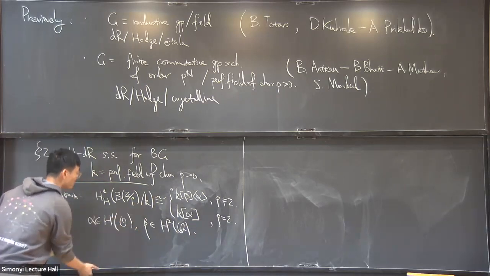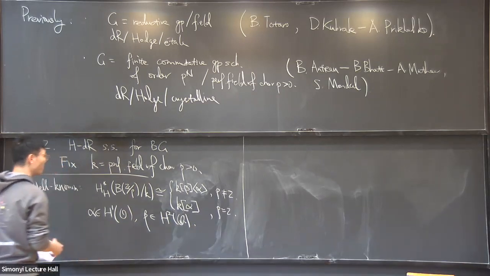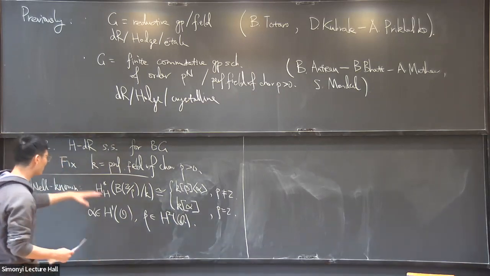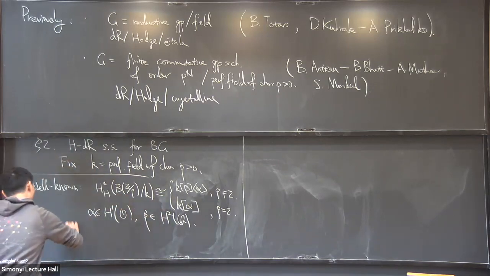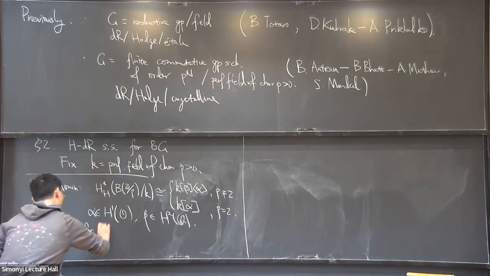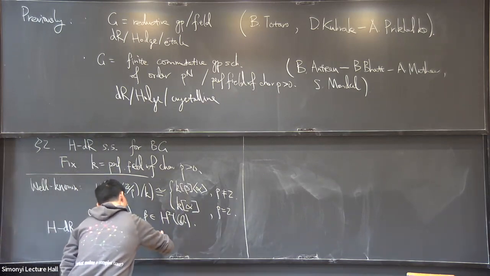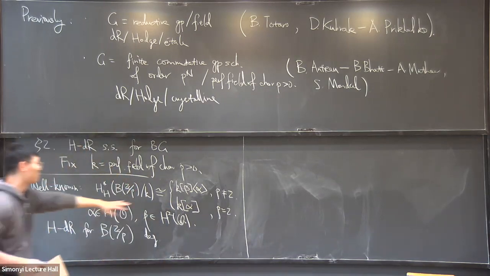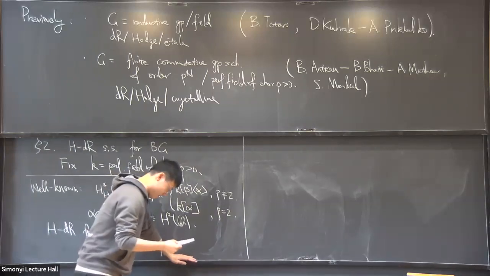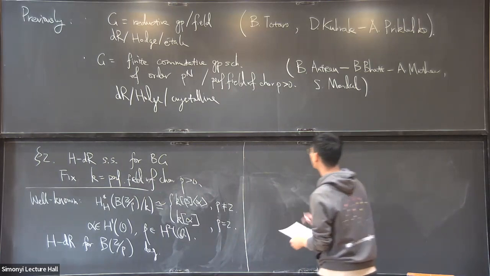And from this description, just because of the shape of this starting page, you can very easily see that Hodge to de Rham for B of Z mod P must degenerate. So the de Rham cohomology looks the same. So I guess this part is easy.